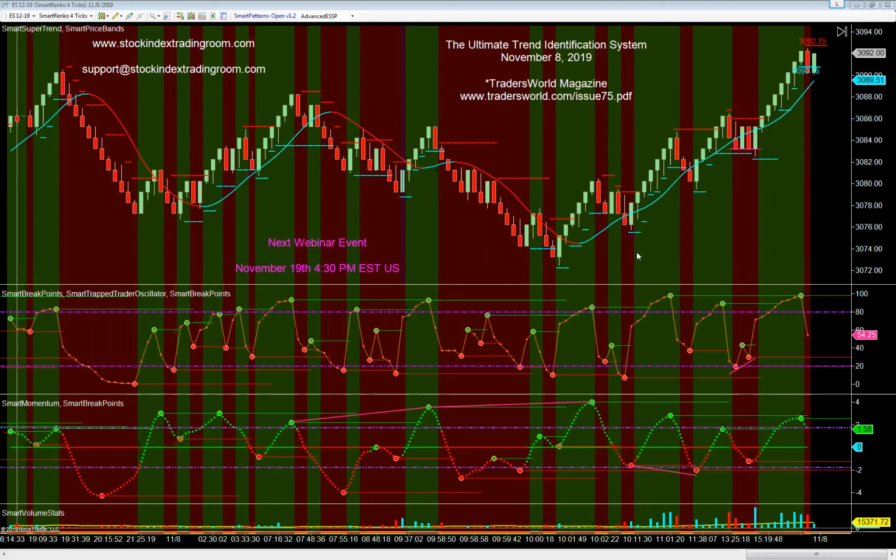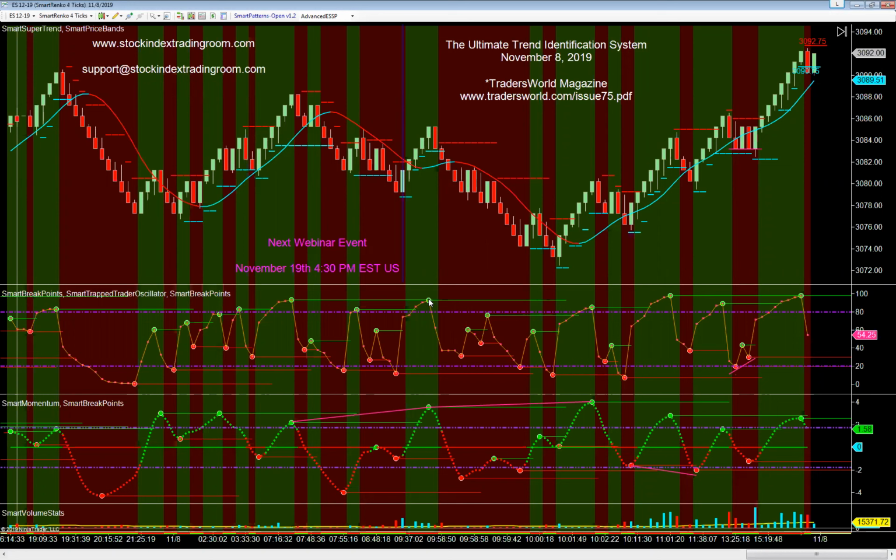On Friday, tagging Thursday's close, which in this case was right at the top of this reversal bar, is 86% likely. So that works in our advantage a lot.